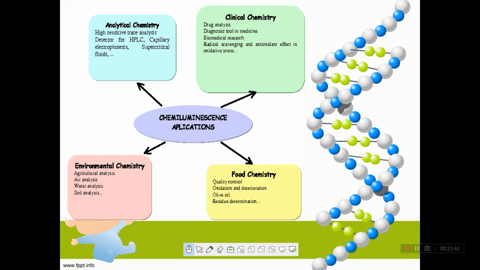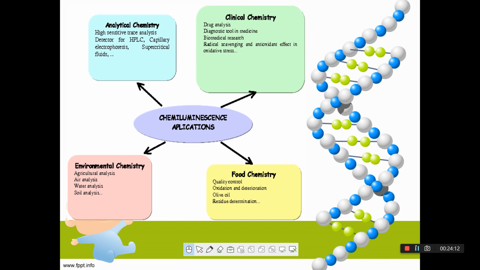Application of the chemiluminescence. There are analytical applications in analytical chemistry and in clinical chemistry: identification of the drug, diagnostic tool, or antibody, antigen. These all are identified in clinical chemistry.